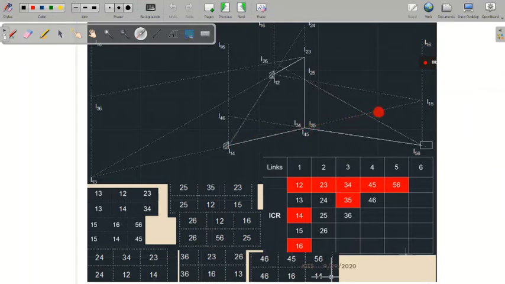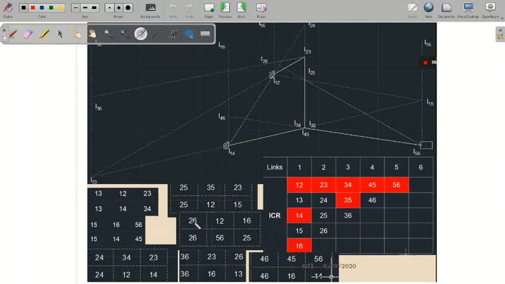See, I have extended the line. This line is intersecting with the 5 6, 1 6 line at this point. So that point is called I15. Mark that point.